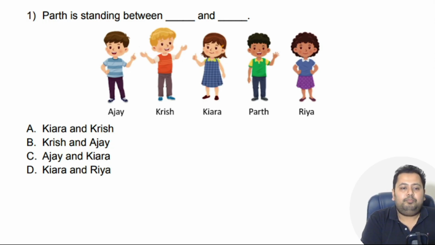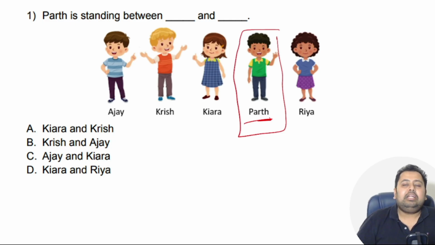Question number 1 says Parth is standing between dash and dash, right? So here we have Parth. Now Parth is standing between dash and dash. Take some time, solve it, and we meet after you have solved it by yourself. Great.